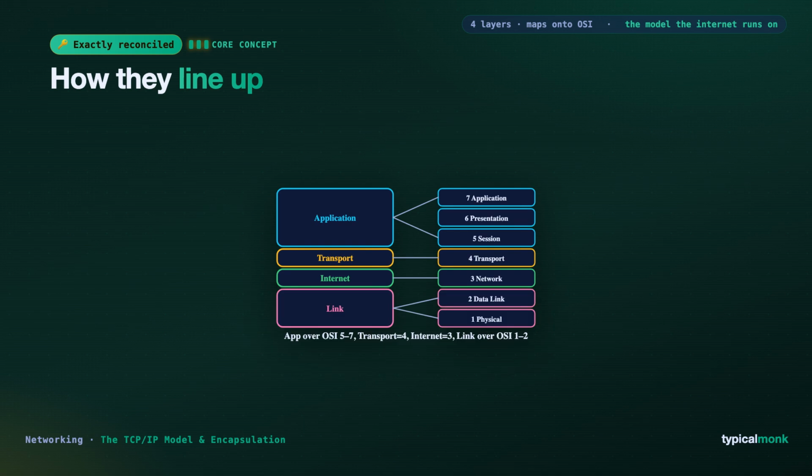And at the bottom, the TCP/IP link layer covers OSI layers 2 and 1, data link and physical together. TCP/IP treats getting bits across the local connection as one combined job. So the full picture: the top 3 of OSI become application, the middle 2 map 1-to-1, and the bottom 2 become link. 4 layers, 7 layers, perfectly reconciled.